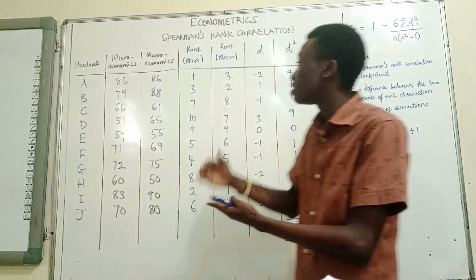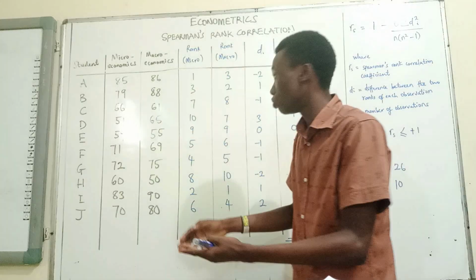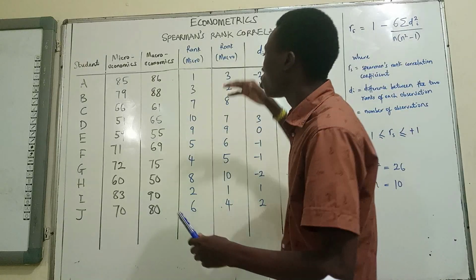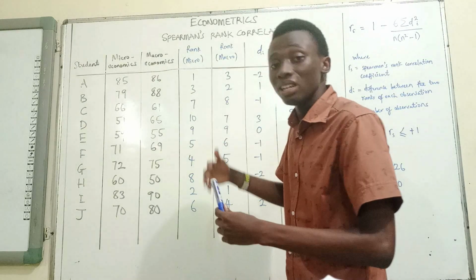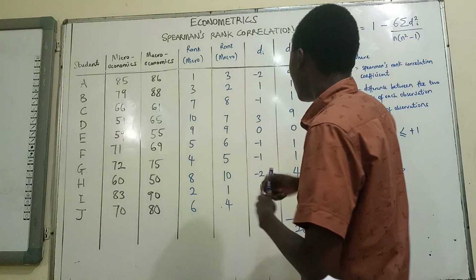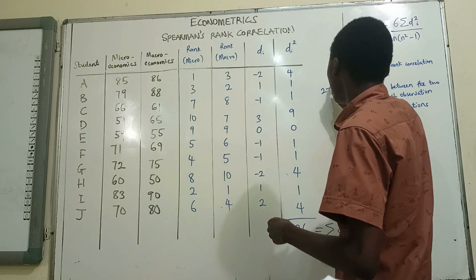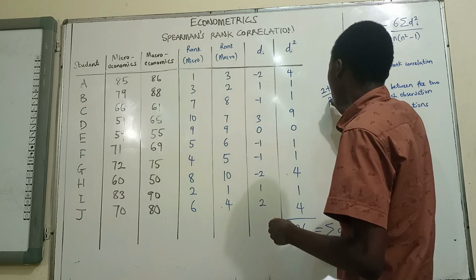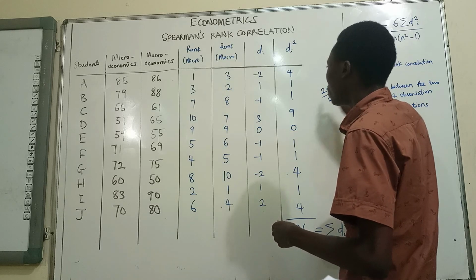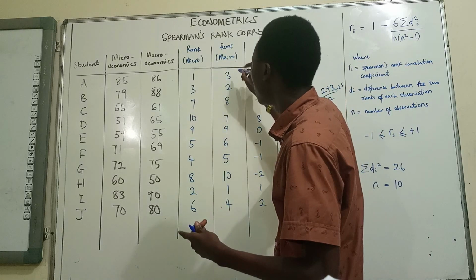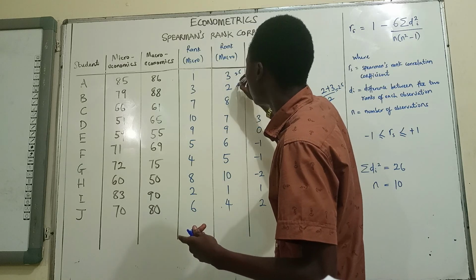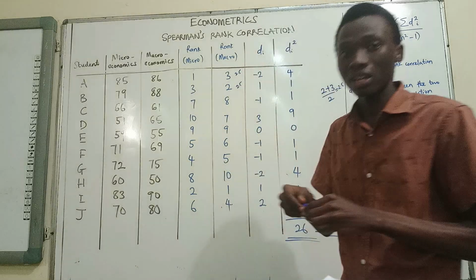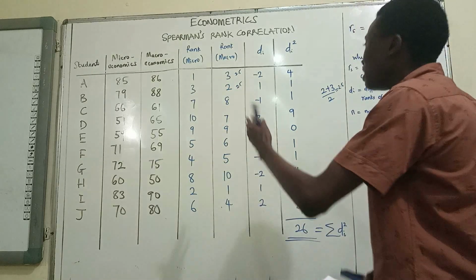Both of them will take the second rank and skip the third? No, you won't do that. So you just assume somebody takes second, someone takes third, and you find the mean. So you will say something like 2 plus 3 divided by 2, and that rank is 2.5. So each of them will take the rank 2.5. I don't know if that's clear. So that's the idea in case of a tie.